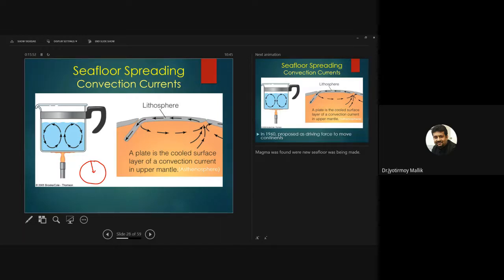So the temperature becomes higher as we are moving down, right? Say for example, this is my lithosphere. This part is of course hotter and this part is of course cooler. So there is a thermal imbalance.